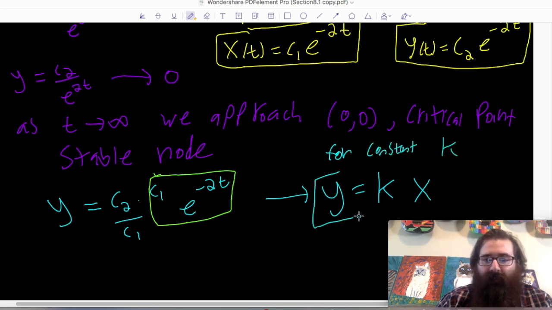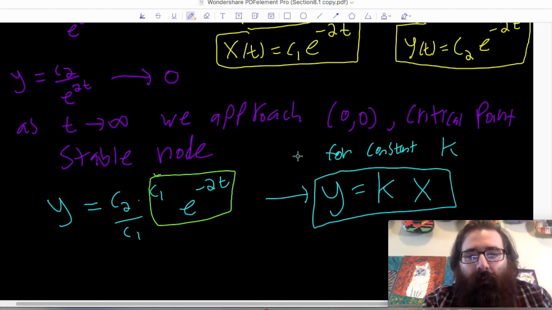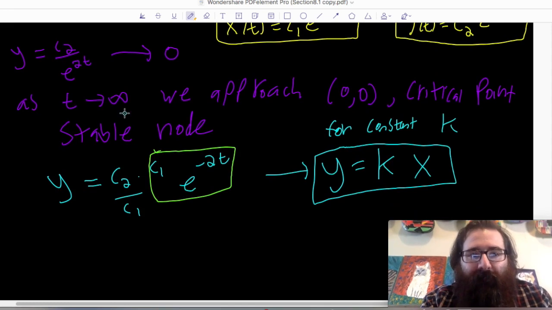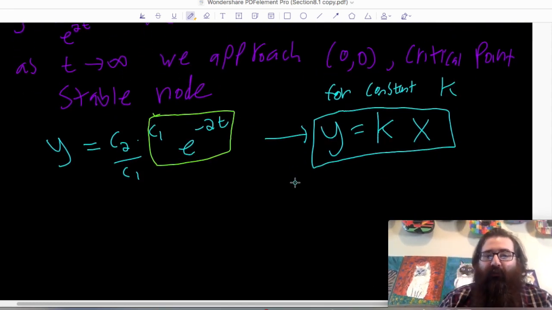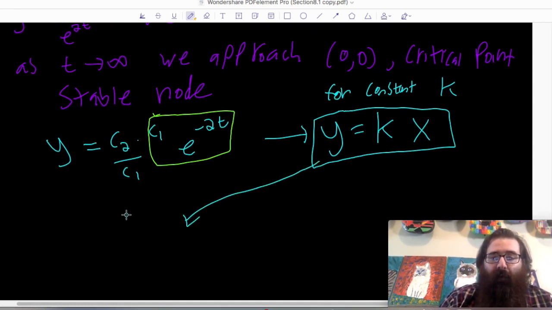Y is equal to k times x. Which means that although we have this stable node here, we can actually get an idea as to how our trajectories will likely look. From this information, I would wonder whether the trajectories are going to look sort of linear.